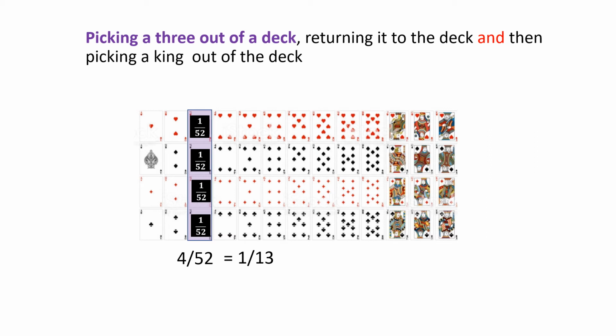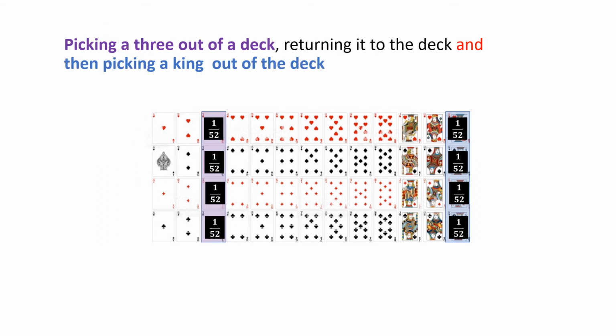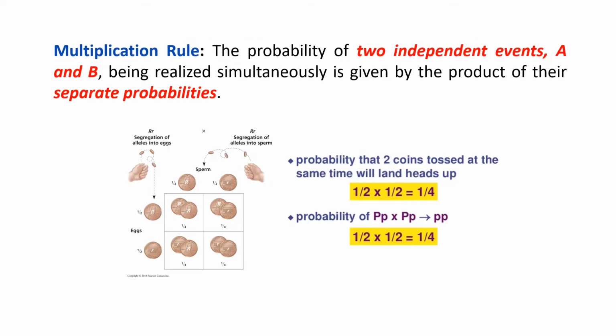And then you have 4 divided by 52 or 1 over 13. And then you have 4 options of getting a king, 4 over 52, again 1/13. And then you just multiply these two probabilities and you have 1 over 169. So again, very easy. And if you have any questions, just let me know.